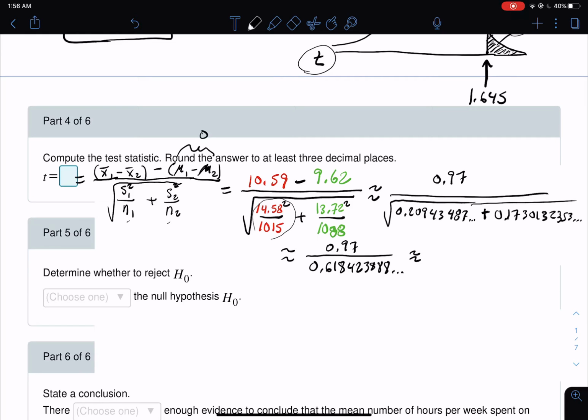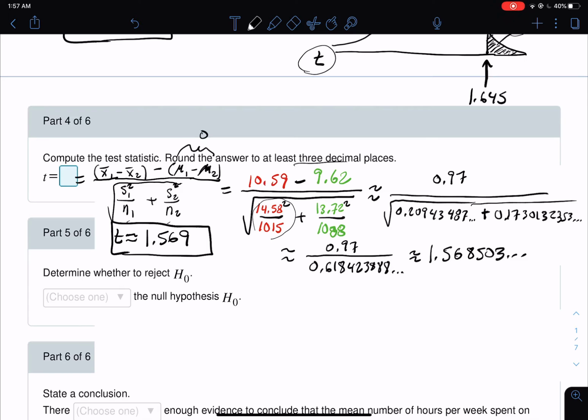Find its quotient by dividing, 1.568, and now let's round to 3 decimal places. My t value is going to be approximately 1.569. So there's the answer. Now they're asking, determine whether to reject.